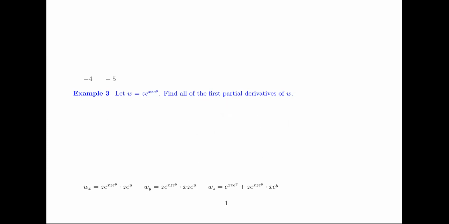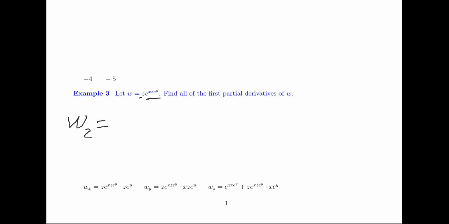Now we're going to take the partial with respect to z. Well, here we have the function z times the function e raised to the x times z times e to the y. So those are two functions of z. So we have to do our product rule here.